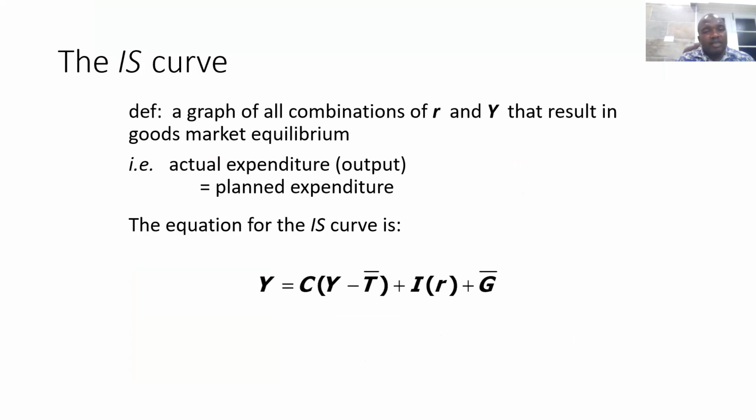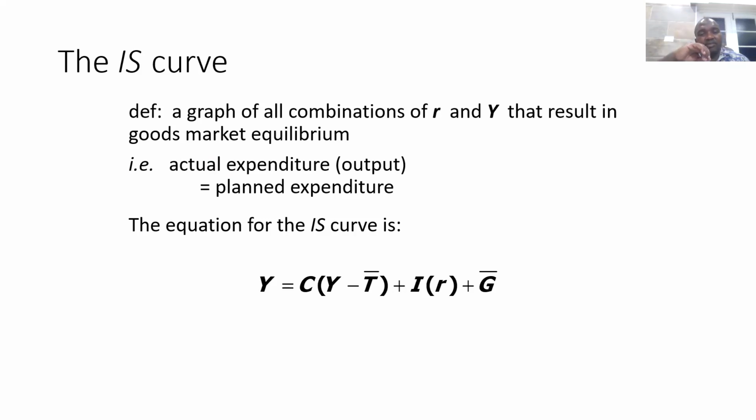Now, what is the IS curve? It's not a curve which shows a functional relationship, but it's a graph of all combinations of the interest rate and level of national income that result in a goods market equilibrium. So it's a graph which illustrates equilibrium points.